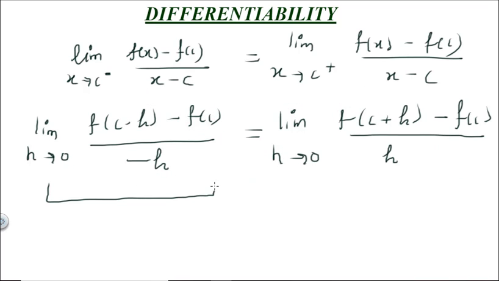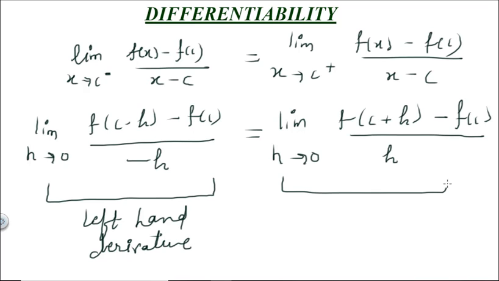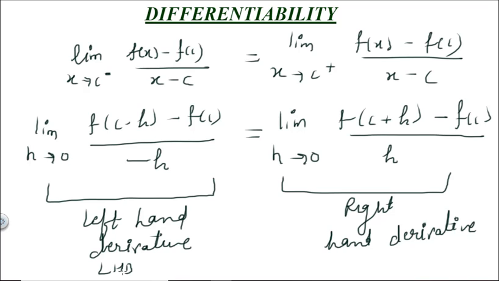So this one is known as the left hand derivative. Clear? This is the left hand derivative, and this is the right hand derivative. As you have LHL, left hand limit, and right hand limit in continuity, in differentiability you will have LHD and RHD, which is the left hand derivative and the right hand derivative.